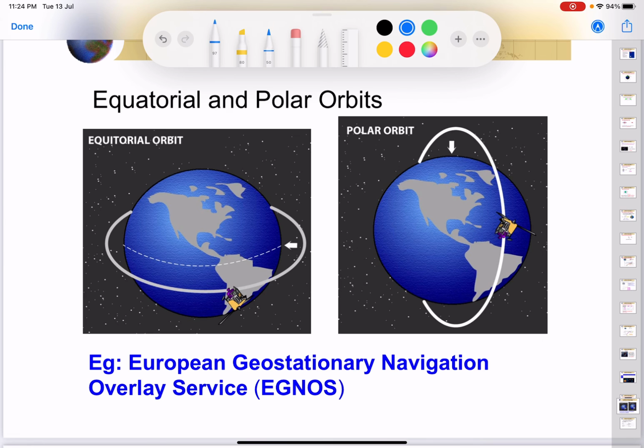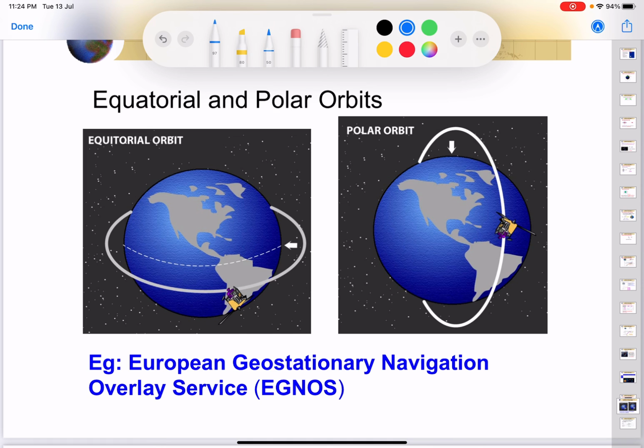One other form is the polar orbit, whereby the satellite orbits Earth from the south to the north and back to the south. A geostationary satellite has to go from the west to the east. And there are other satellites that fall in between, so the orbit need not be at right angles. It can be at different angles to the poles.